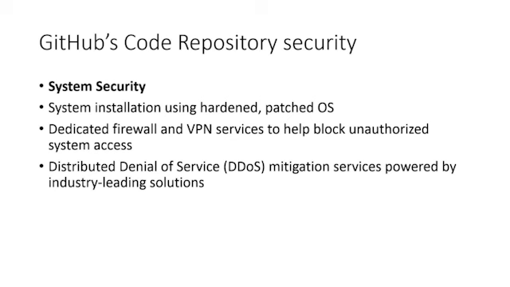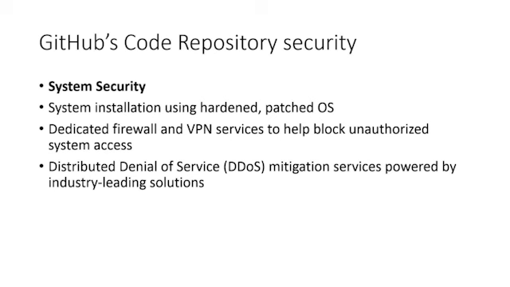They also have system security. They have system installation using hardened, patched operating systems. They have a dedicated firewall and VPN services to help block unauthorized system access. They have DDoS, or distributed denial of service, mitigation services, powered by industry-leading solutions.